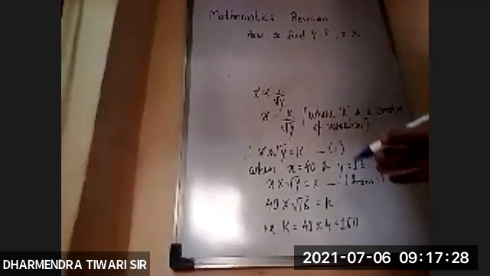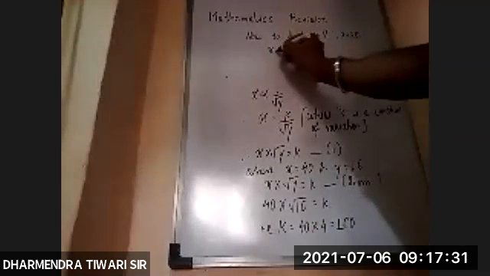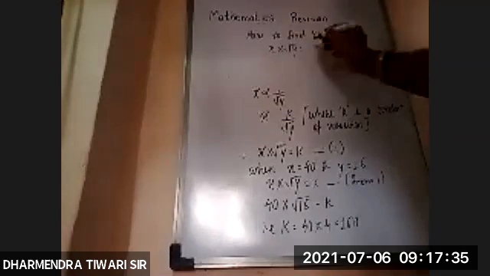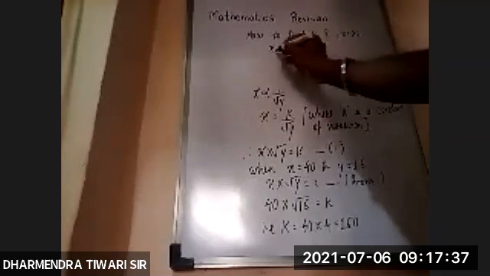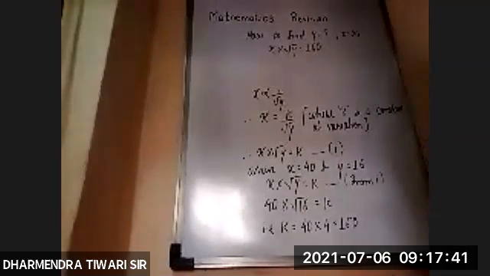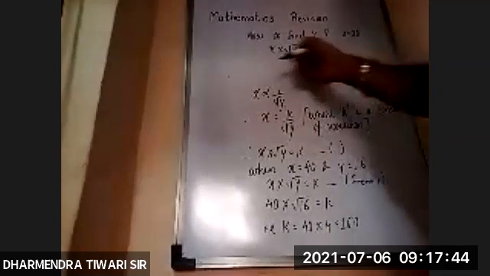So x into root y is equal to 160. This is the equation that we have, as we got the value of k. We are just substituting the value of k.